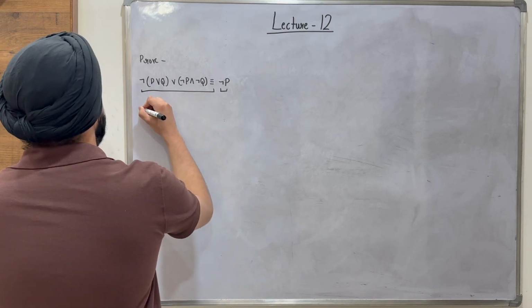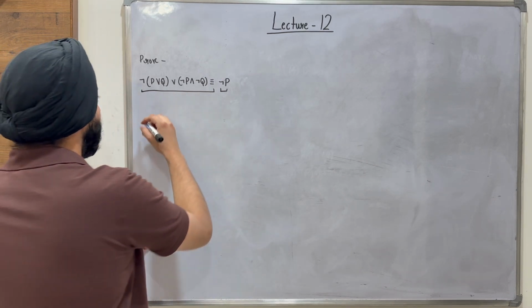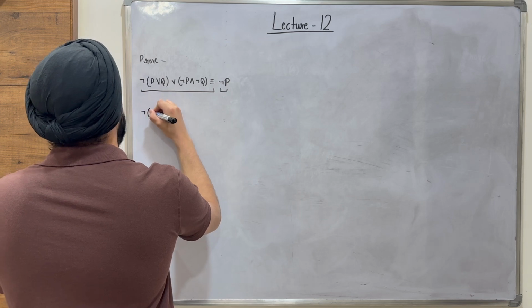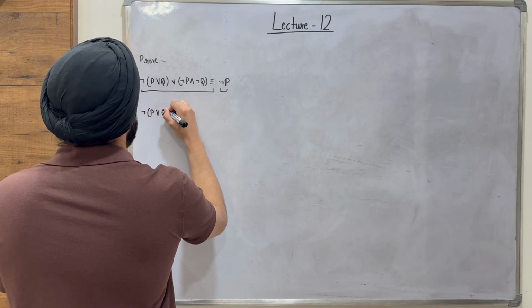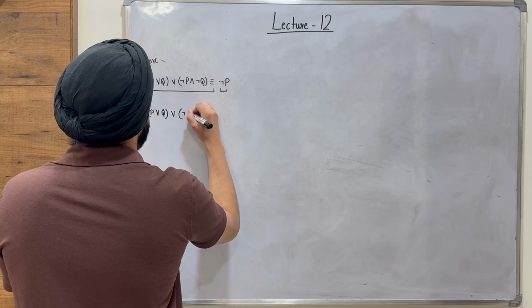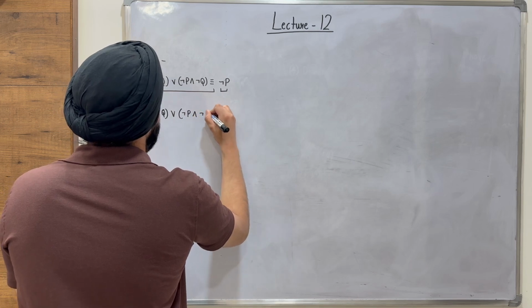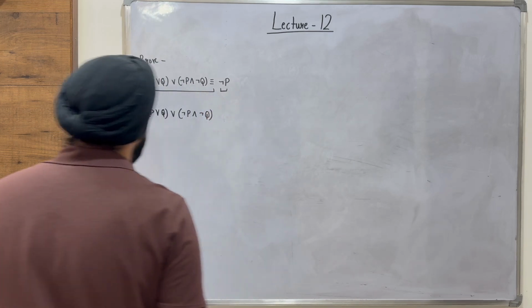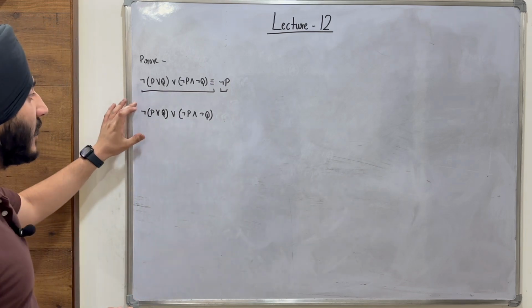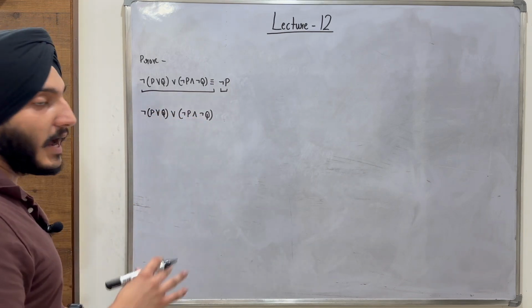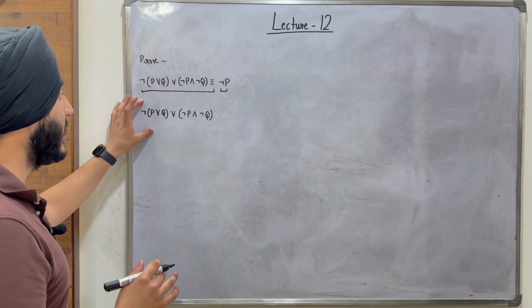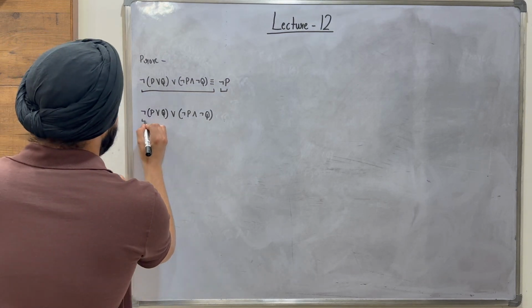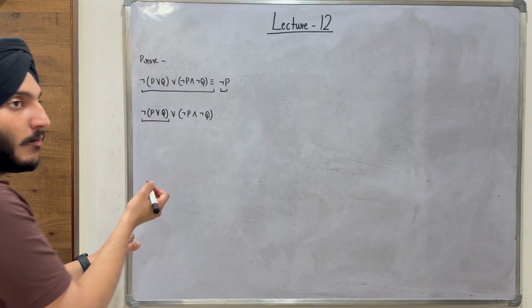So given, I'm going to start from the left hand side. So negation of (P or Q), or negation of P and negation of Q, right? So I'm going to try to see if there's any law that I can use over here. And the one law that I notice very clearly is in this side, right? And the law is De Morgan's law.